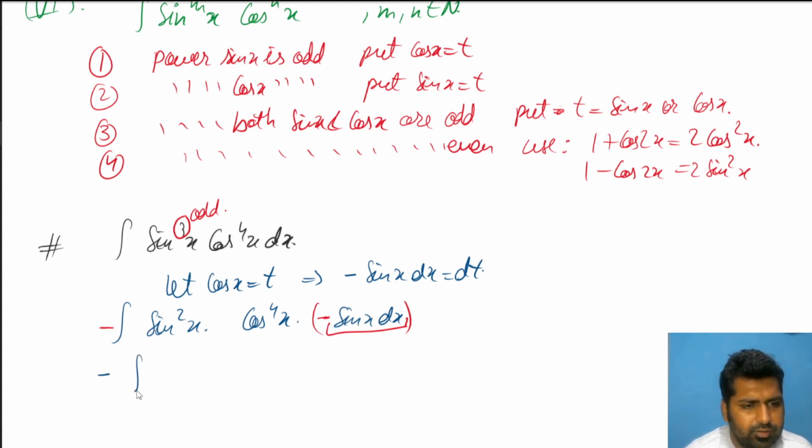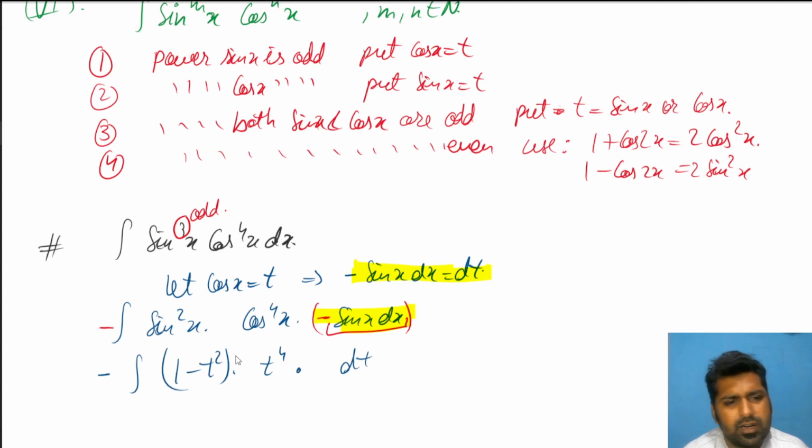Now negative of integration. First of all, this sine x dx, that's your dt. Cos is t, so t raised to power 4. What about sine square? Use the property sine square is 1 minus cos square, 1 minus t square. Simple enough.